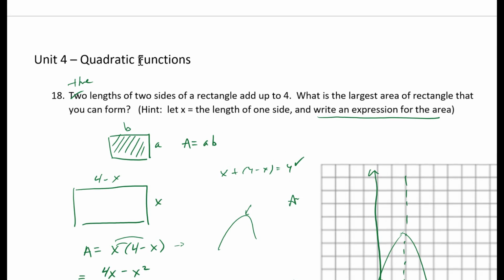So when I see find the largest area of the rectangle, my brain should say, ooh, I'm going to need to graph something and find where that vertex occurs. Just like if I had said find the smallest area of something, it's probably going to be a problem like this where you're trying to find where the minimum value of the parabola is.